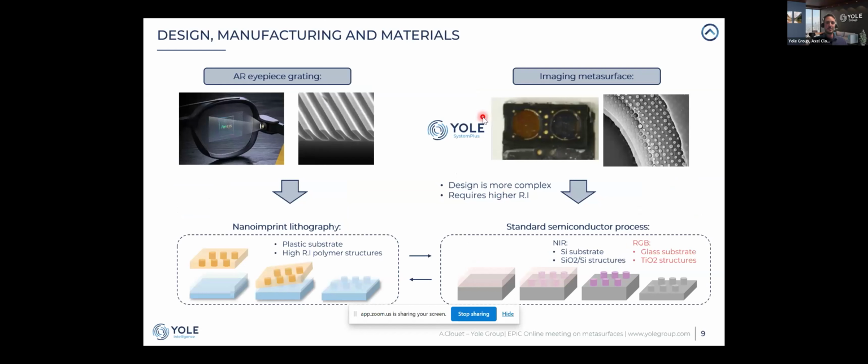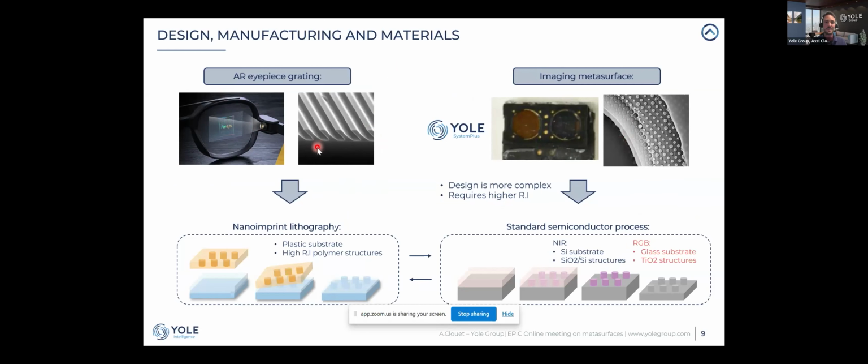Here is a brief overview of the different designs, manufacturing processes, or materials that can be used for the manufacturing of the metasurfaces. On the display side, what we'll use in the AR eyepieces will be the gratings. The gratings have a relatively uniform shape over their size. Let's say the critical pattern size is not so small compared to the imaging optical functionalities.